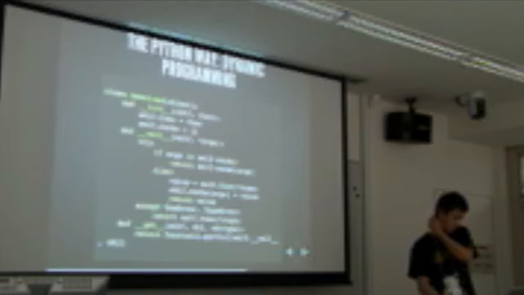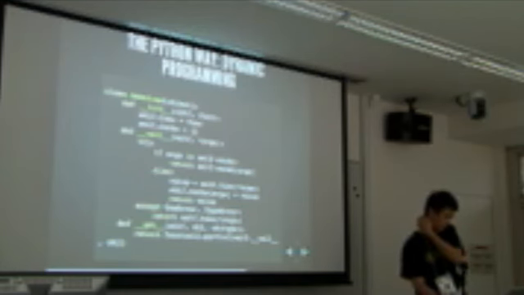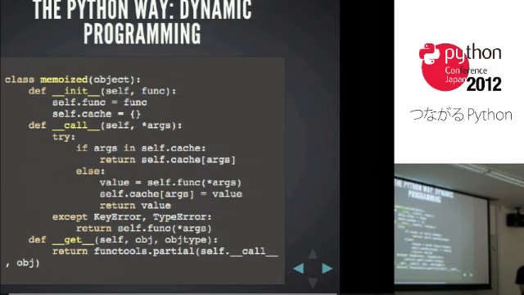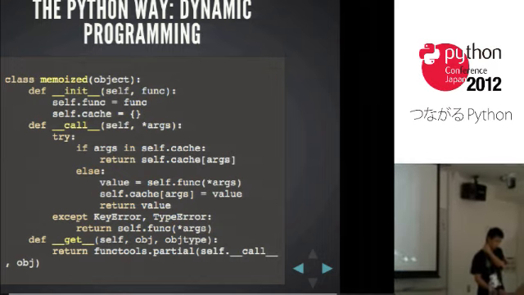So to do dynamic programming in Python, there's a trick here, using a decorator.